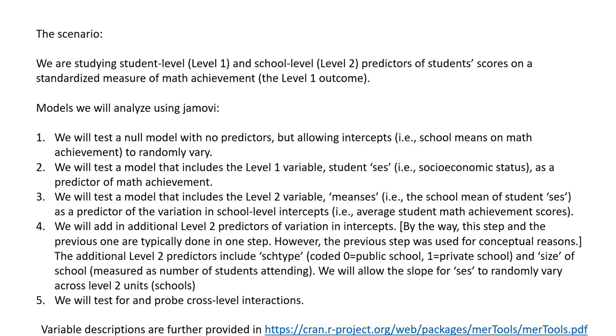Fourth, we will add in additional level 2 predictors of variation in intercepts. And this is going to include our school type and our school size variables. And then fifth, we're going to test for random slopes, and then also probe for possible cross-level interactions.